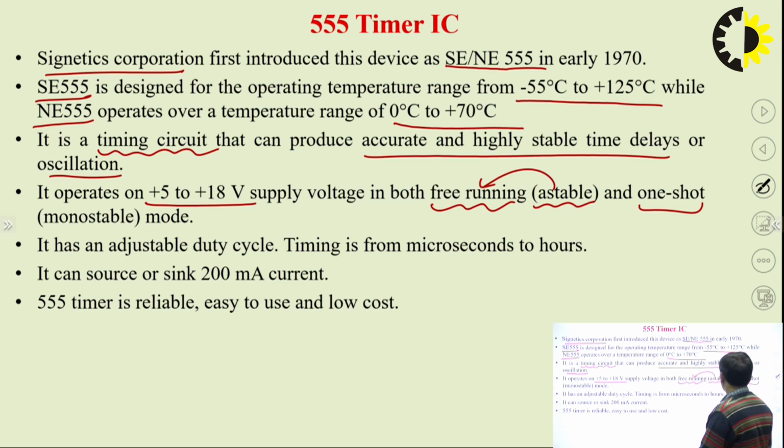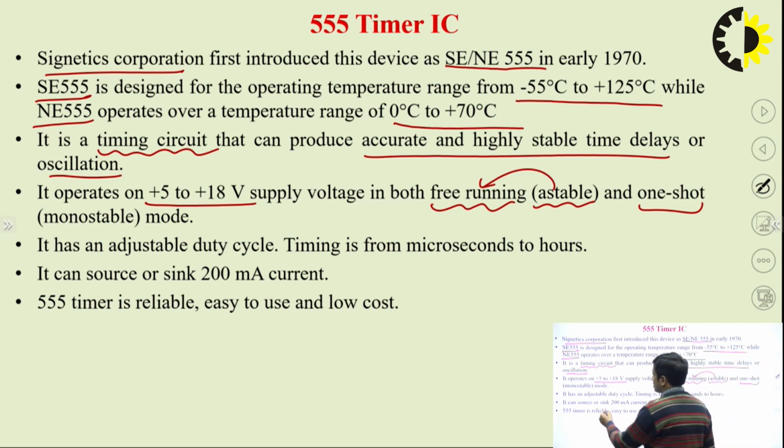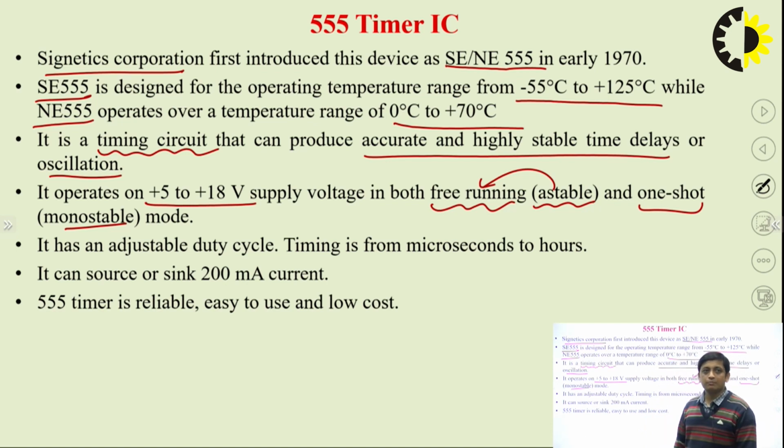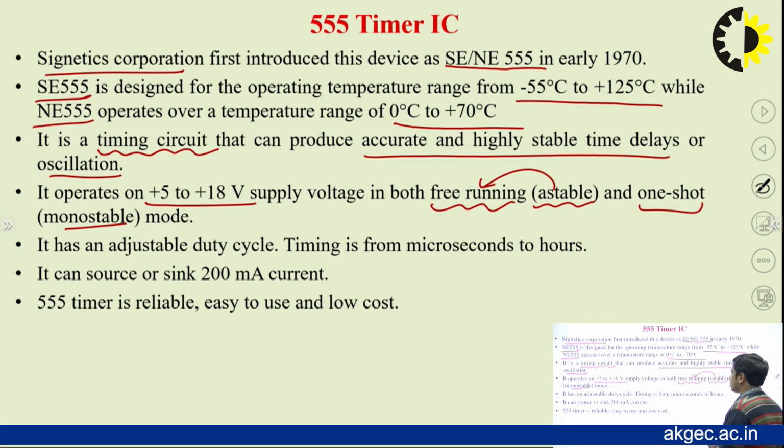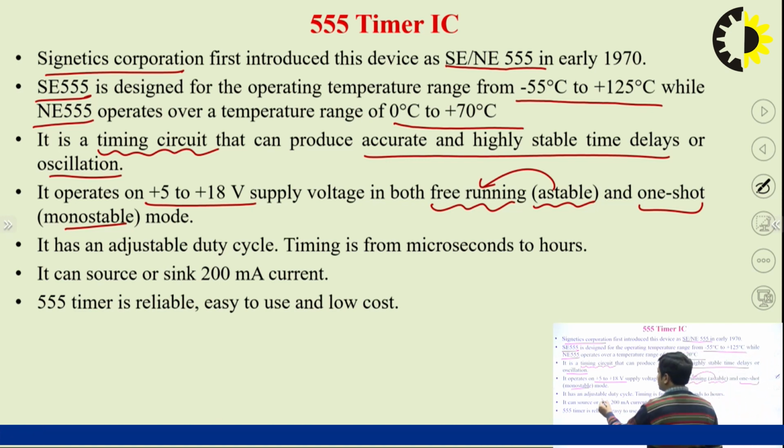And in monostable mode, as the name suggests, mono means one. So in monostable mode, it has only one stable state. That's why monostable mode is also called one shot mode. And 555 timer has an adjustable duty cycle.